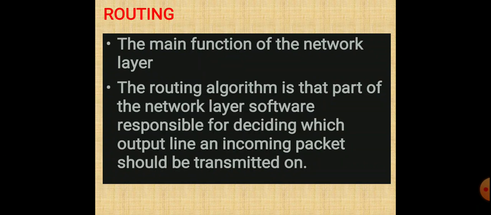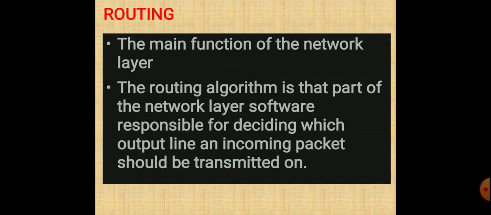The present slide itself shows that the main function of the network layer is routing. The routing algorithm is a part of the network layer software responsible for deciding which output line an incoming packet should be transmitted on.